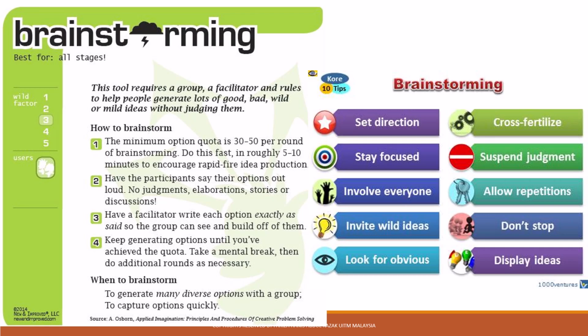Then cross-fertilize, which means no border when throwing ideas, as long as the idea is still under the same topic. No judgment and allow repetition. Then we display the ideas so everybody can see that the ideas are listed, and please don't stop until the end of the discussion, or please don't stop if you are still in discussion time.